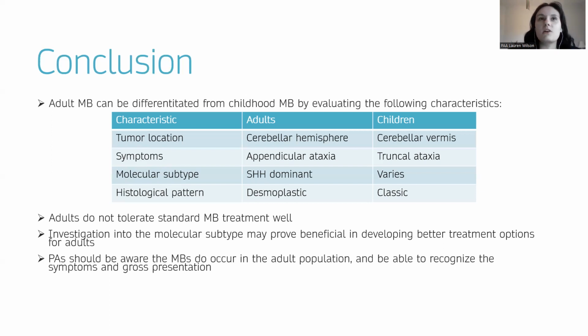Really honing in on the SHH molecular subtype for adults could help formulate a better treatment plan. And finally, as it relates to us, we should be aware that these do occur in the adult population. So you should never rule out this kind of tumor, either in a forensic case or even potentially a clinical autopsy case.